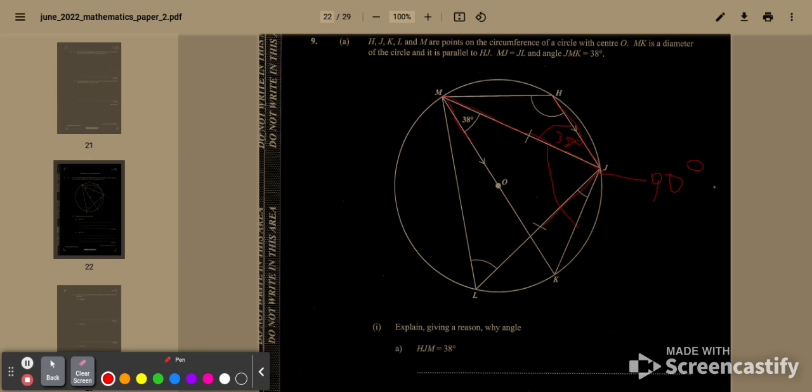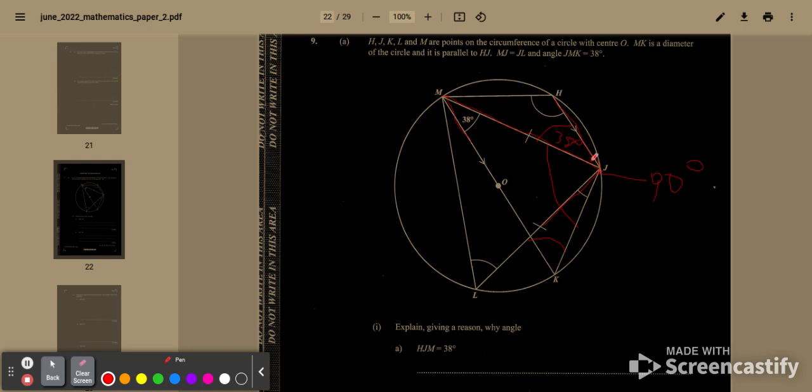So now they want us to determine some angles. So what we can do is solve for the angles before we look for the ones they ask us to find. It's best to find all of the angles first. So if we can find what this angle is, you know why?